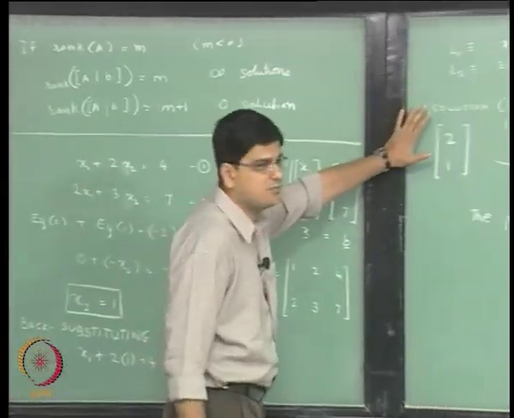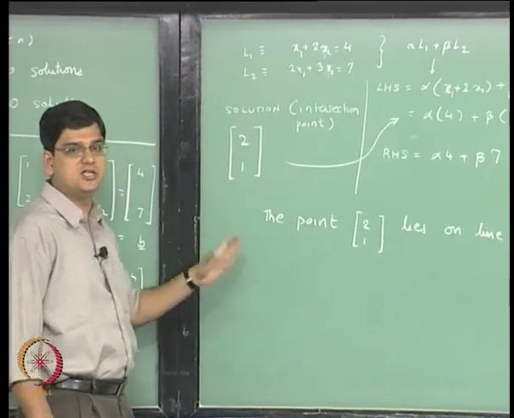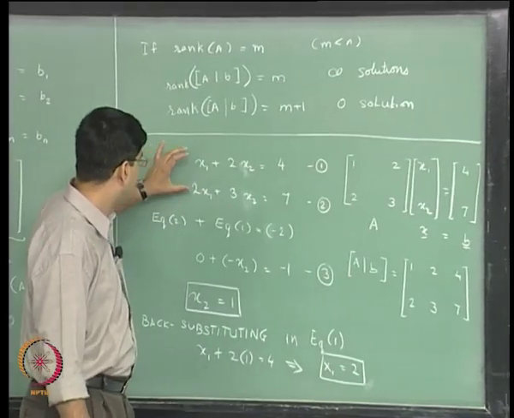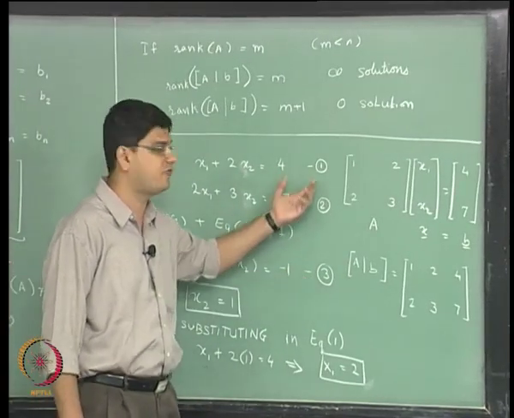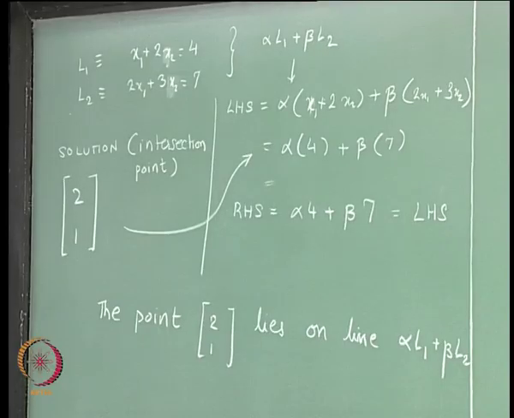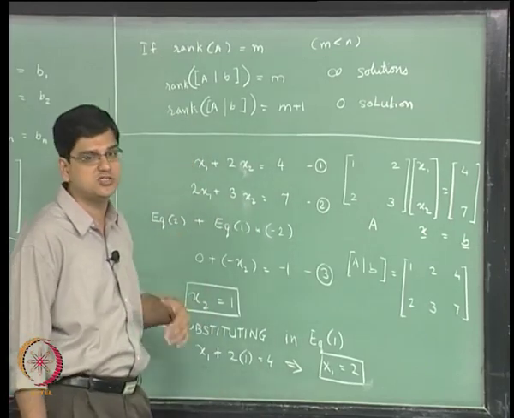This linear combination and this property of the vector spaces is really the reason why this idea works of taking equation 2 and subtracting 2 times equation 1 from this equation. Okay. So this is how we did when we tried to solve this set of equations using the methods that we were familiar with.